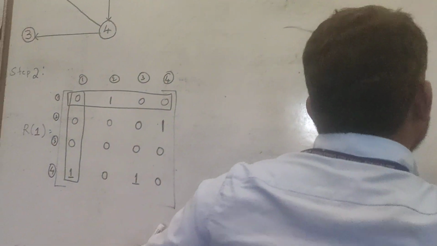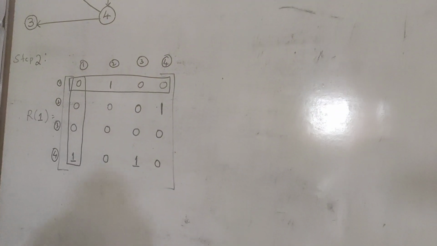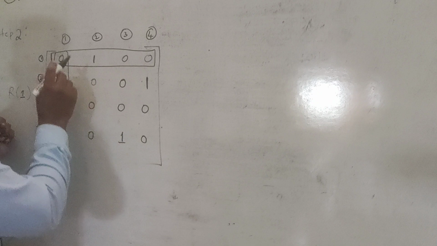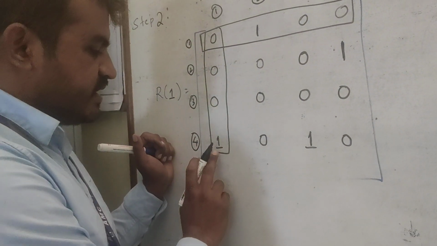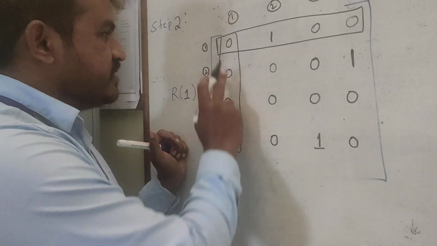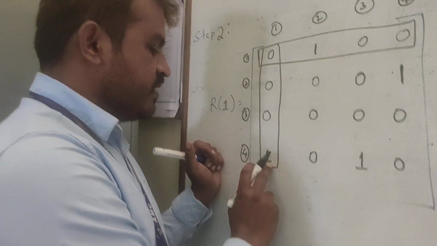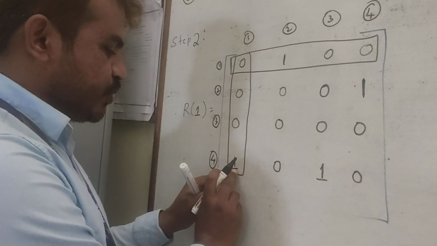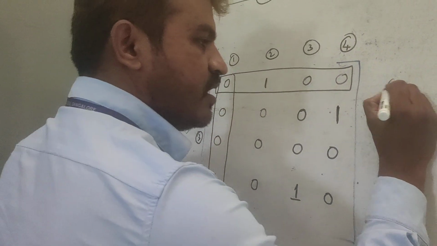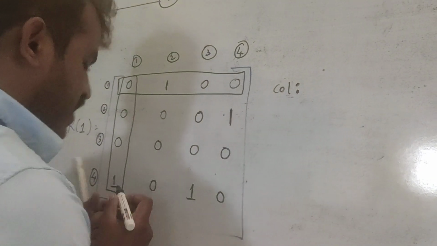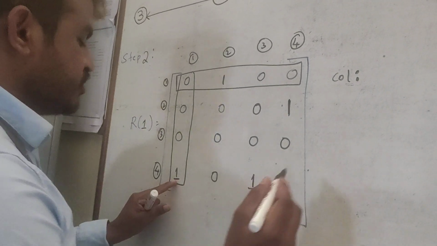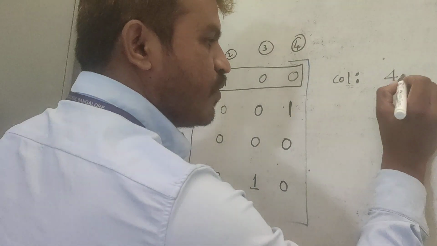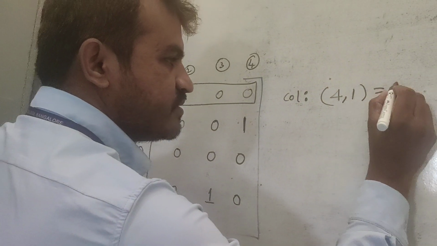Here, in the column, see, this is the column. In this column, where is 1? 1 is there here: 0, 0, 0, 1. Then how to identify this position? Identifying a position in the column: the position is 4, 1.